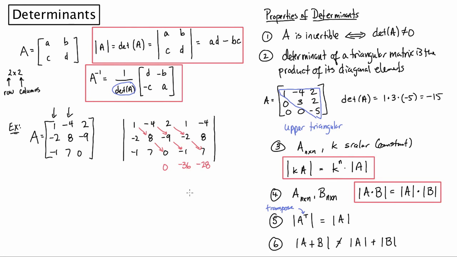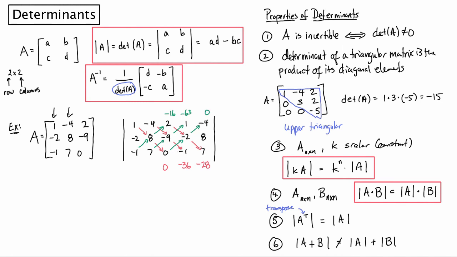So it's the product of those downward diagonals. And then if I look at the upward diagonals, the product of this is negative 16. The product of this one looks like negative 63. And the product of this one is 0.